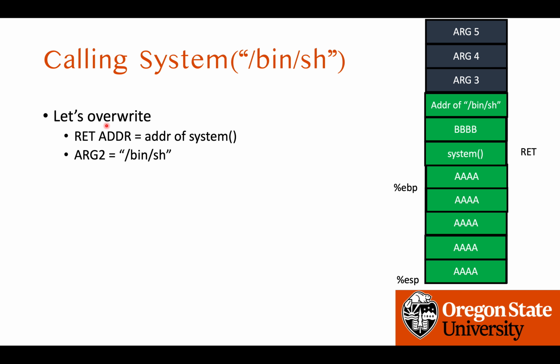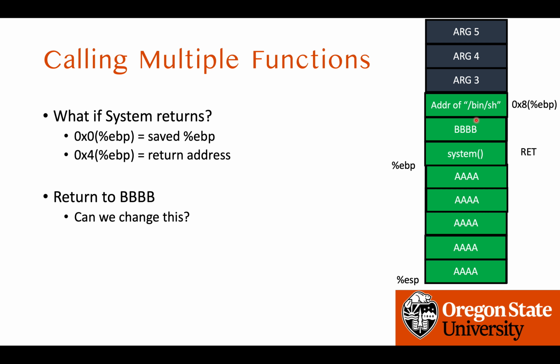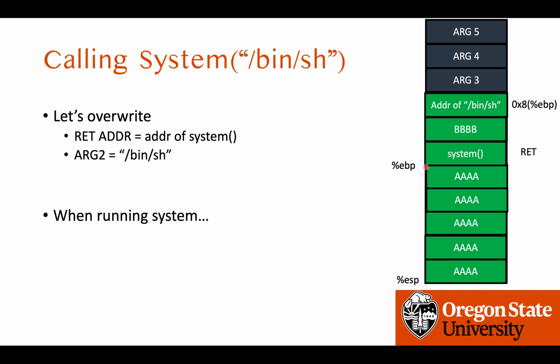So if you want to call system message, then you need to overwrite return address as a system, and then return address plus 8 as the address of the message. Then when running the system, it will fetch EBP plus 8 as the first argument, then that will be the address of the message.